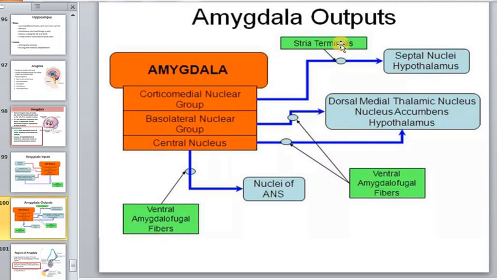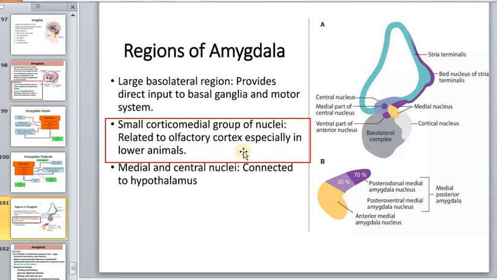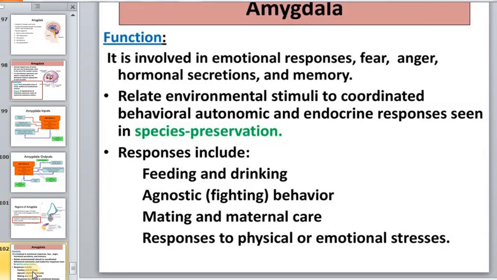Next one, output connections, and a small corticomedial group of nuclei related to the olfactory cortex, especially in lower animals. These are the regions of the amygdala that control the related olfactory cortex. So in general, the amygdala is involved in emotional responses, fear, anger, hormonal secretion, and memory.